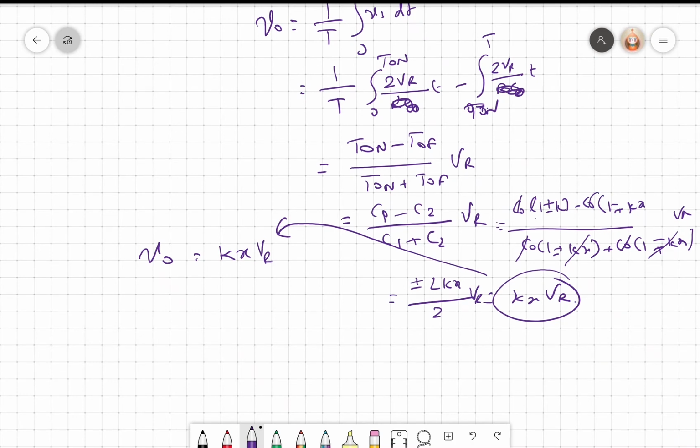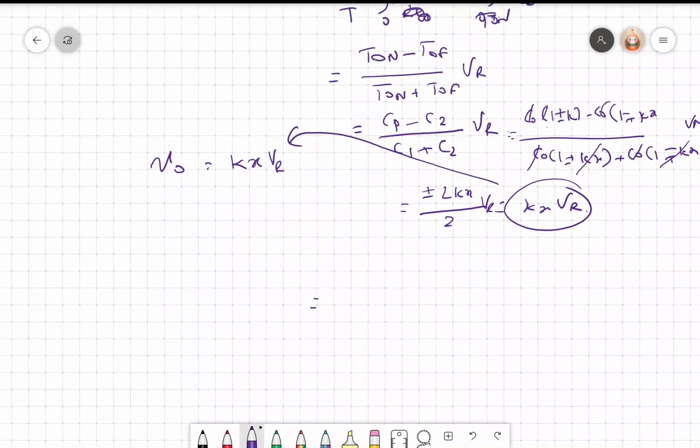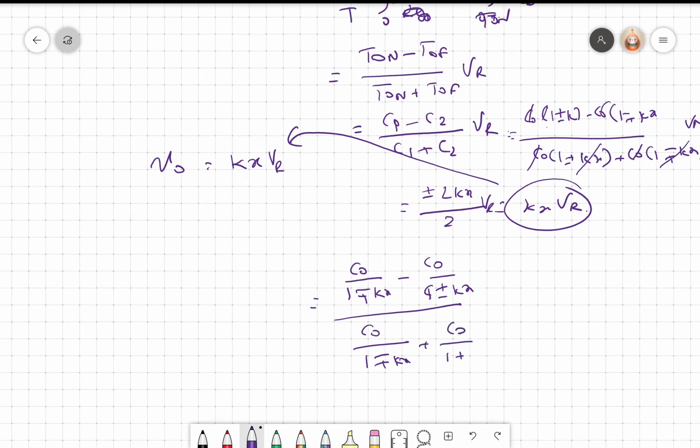Again, it doesn't matter if I put the C naught as C1 by 1 minus or plus kx, C naught by 1 plus or minus kx, divided by C naught by 1 minus or plus kx plus C naught by 1 plus or minus kx. This is inverse relationship.